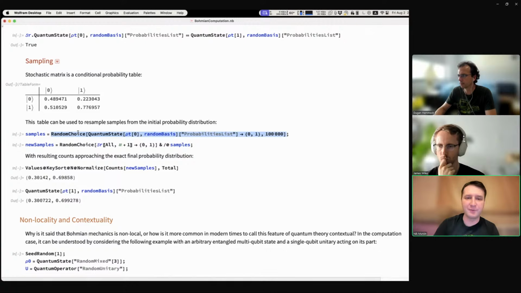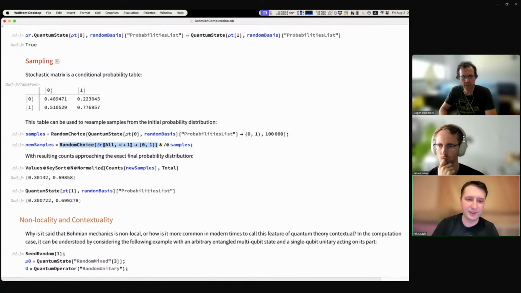You just sample, because every initial state fixes the probability distribution of the qubit being in some particular state, depending on the basis, and you can just sample it. Right, a sample is just like 0, 1, 0, 1, 0, 1, and you just have some distribution, right? And then the stochastic matrix here just determines the probability of jumping from the current state to a different state, and you just resample every time.